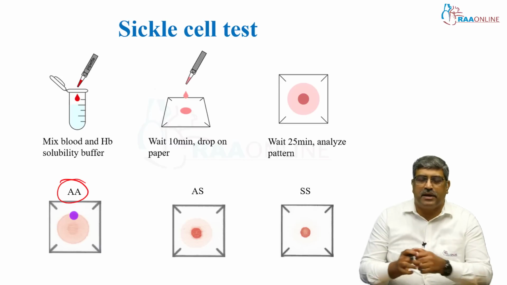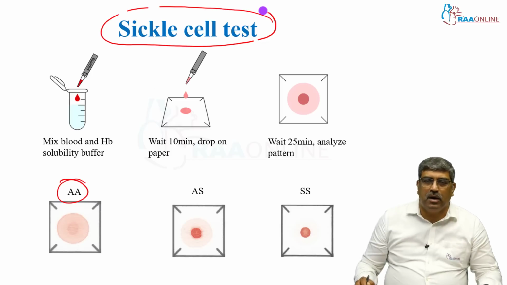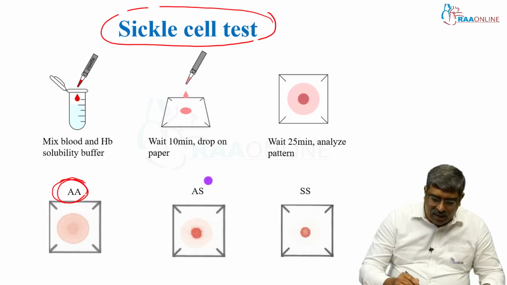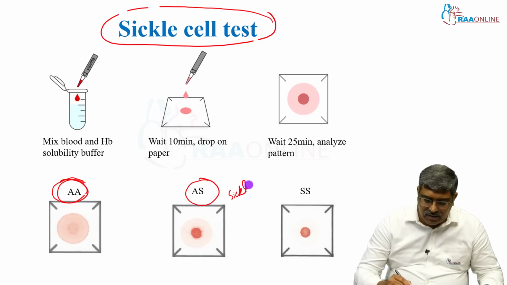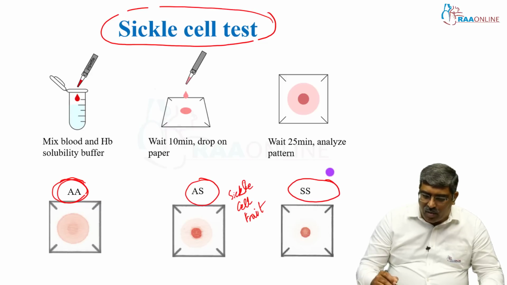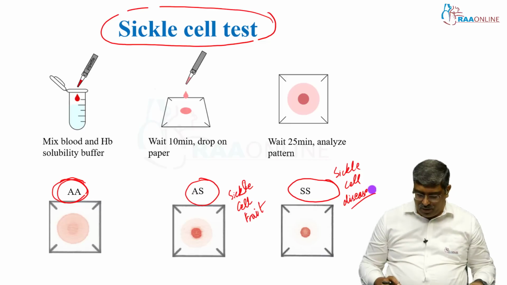Now coming to sickle cell testing, which is usually done for sickle cell anemia. Here the patient may have normal hemoglobin, or a sickle cell trait where there will be a combination of normal hemoglobin and sickle cell hemoglobin, or the patient will have a more severe sickle cell disease where you have only sickle cell hemoglobin.